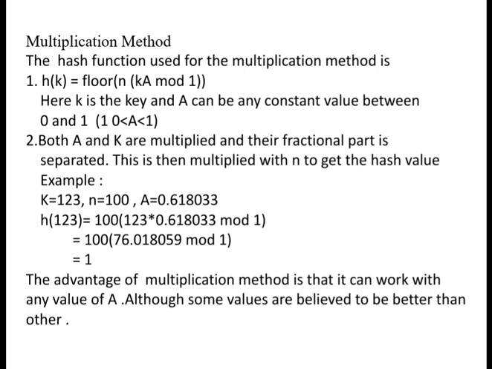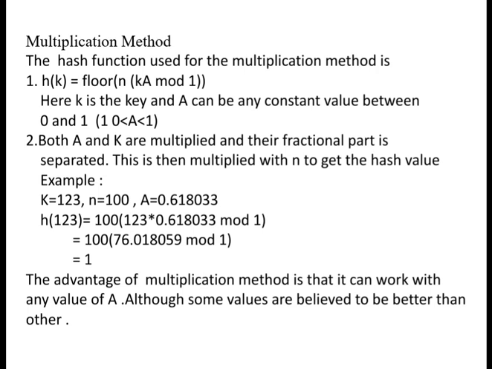Multiplication method. The hash function used for the multiplication method is h(k) = floor(n(ka mod 1)). Here k is the key and a can be any constant value between 0 and 1. Floor means rounded off to an integer value. Both a and k are multiplied and their fractional part is separated.